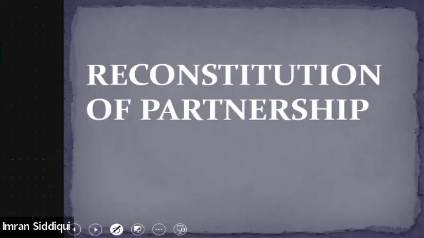So in simple terms, reconstitution is a change in the existing agreement. Any change in the existing agreement leads to the formation of a new agreement. And as soon as we create a new agreement, the old agreement comes to an end. All right, but the question arises: what may lead to reconstitution? So there are four modes or four possibilities which may lead to reconstitution.